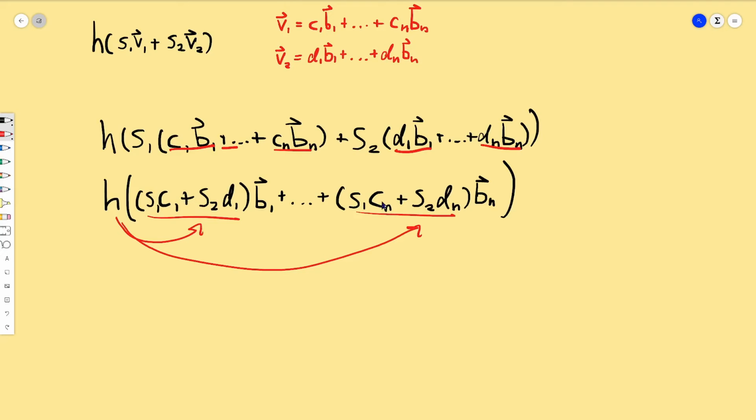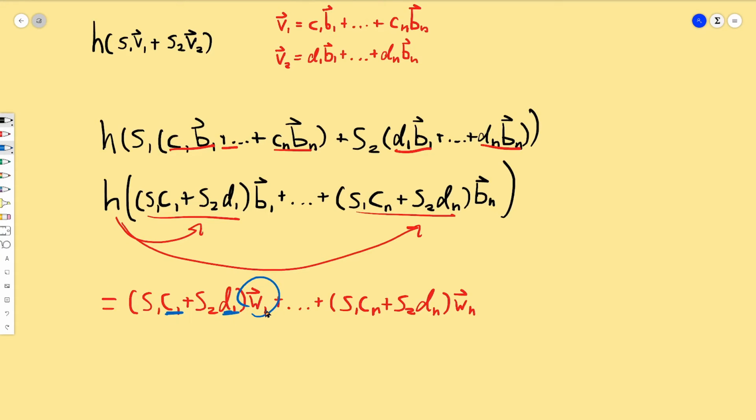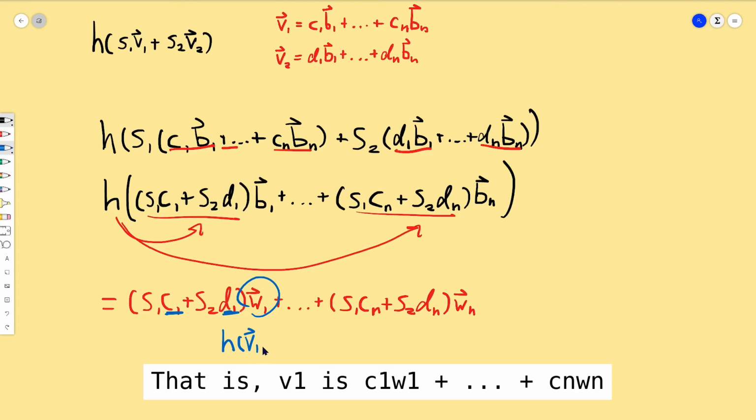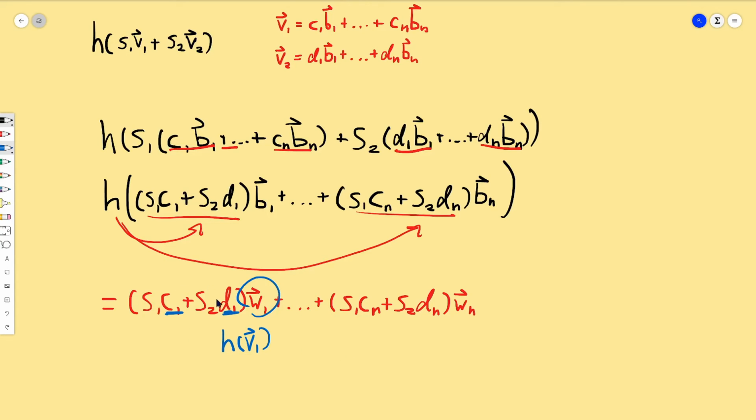All the way to (S1 Cn + S2 Dn) times H of Bn, and H of Bn is Wn. And that looks like this. I then distribute all of the C's and D's to these W vectors, and because of the rule of how this linear transformation works, the linear combination of all these W vectors multiplied by the C's is H of V1, and the linear combination of all of the D's multiplied by all of the W vectors is H of V2.